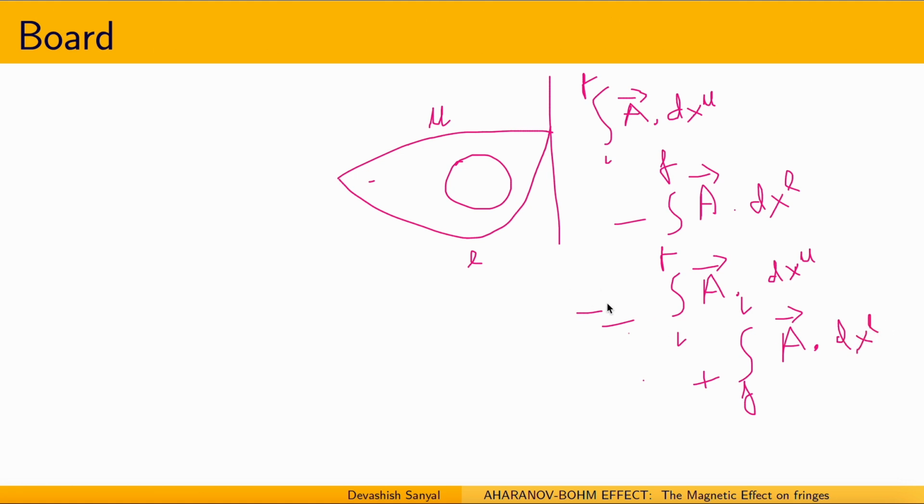Okay, so this one is I to F, so this is my I, this is my F. So A dot dx upper along this path from I to F, and this one is F to I, A dot dx lower.